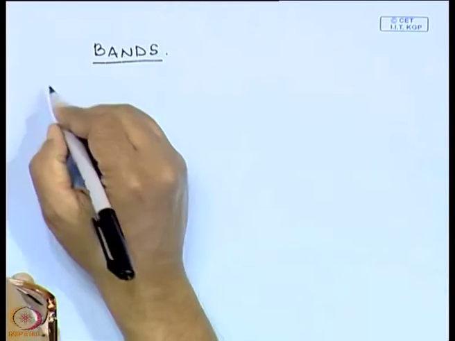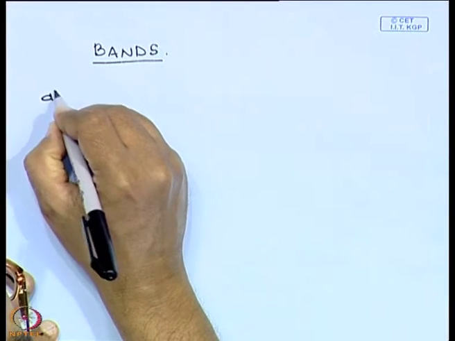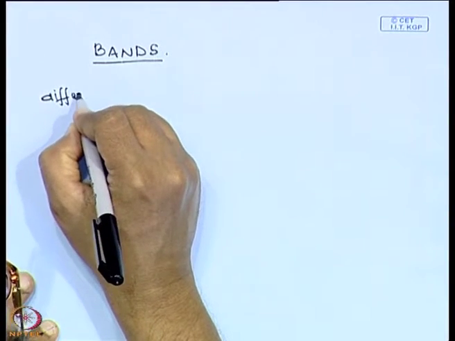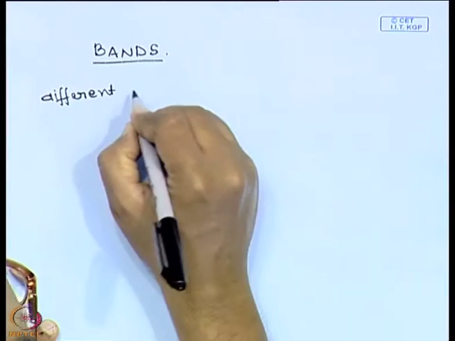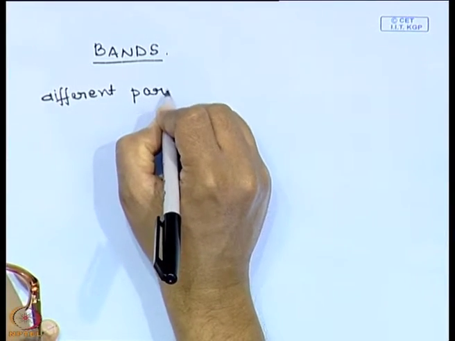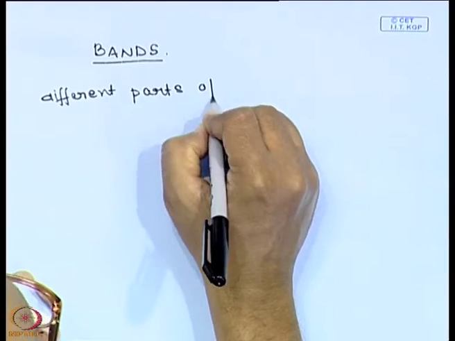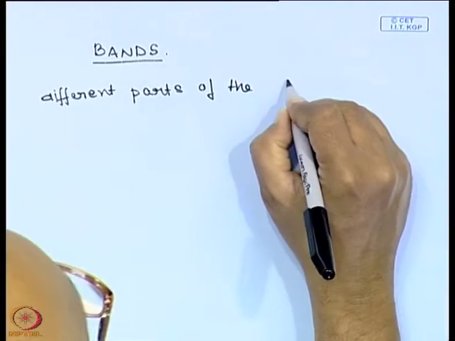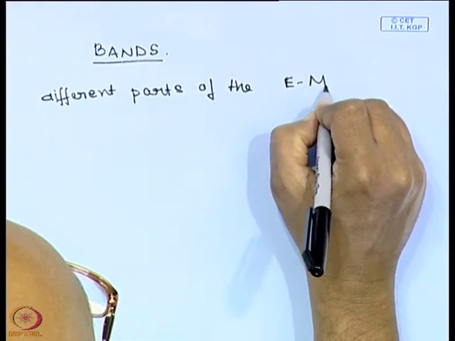Different bands refer to different parts of the electromagnetic spectrum.